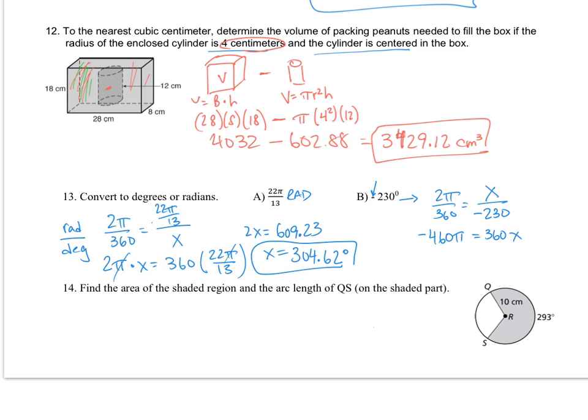So negative 460 divided by that 360 is negative 1.277 pi. That's your x. And if we kept this as a fraction, that ends up being negative 23 over 18 pi radians.